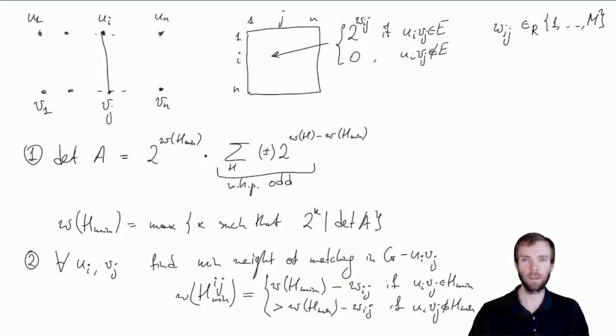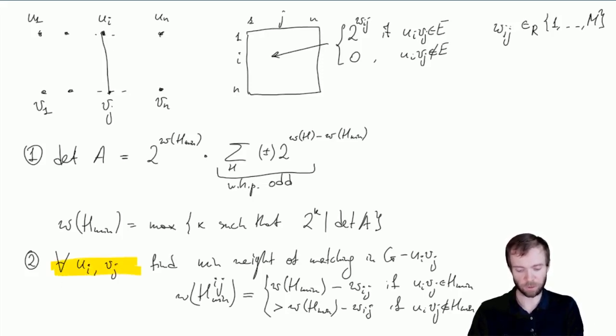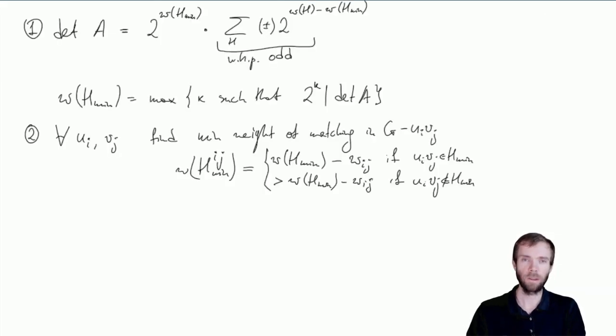So now, how do we implement this algorithm on a parallel computer so that we benefit from the ability of carrying out all these operations simultaneously? Here, a good idea would be the following. We'll assume that we have a processor available for every edge of our graph, or moreover, for every pair of the vertices, one of them from the upper part and the other from the lower part.